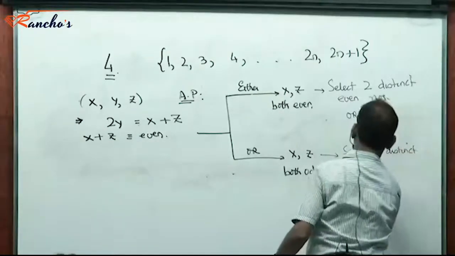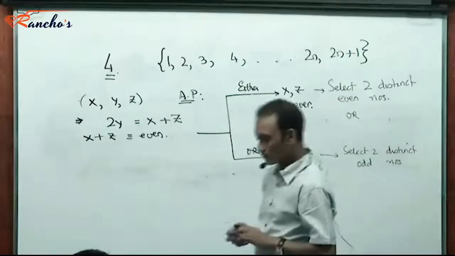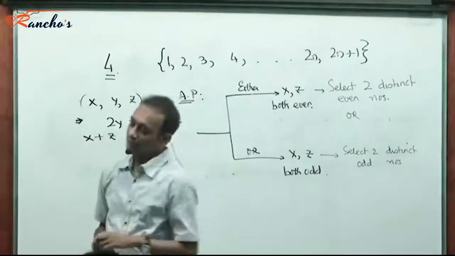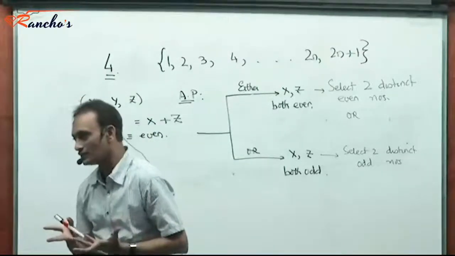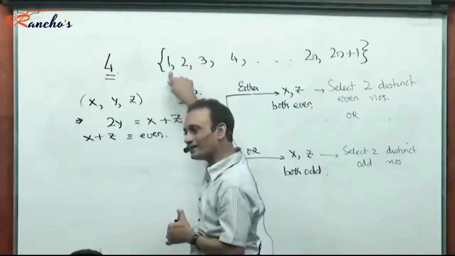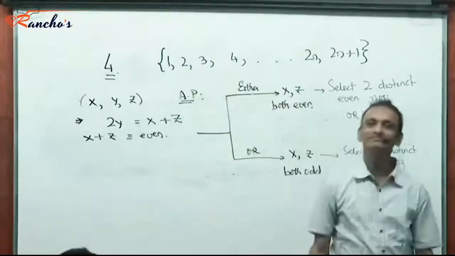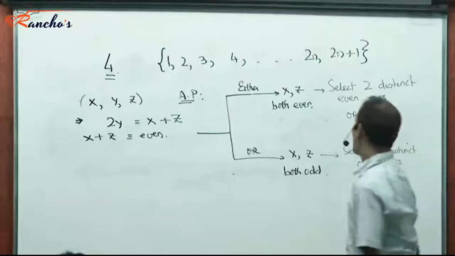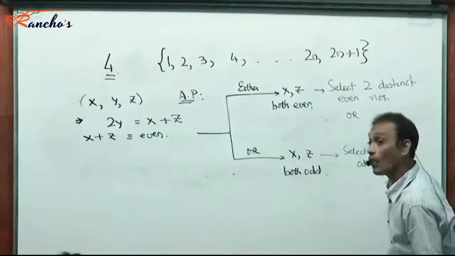If the two numbers can be the same, it will be an AP with d equal to 0. Now, if d is 0, then x, y, z are all identical, like 1, 1, 1, 2, 2, 2, 3, 3, 3. So select two distinct even numbers or select two distinct odd numbers.